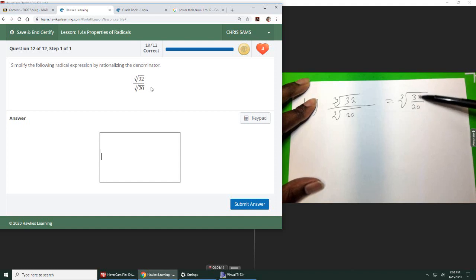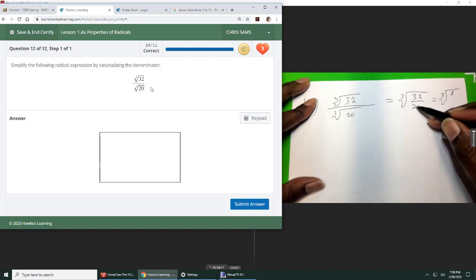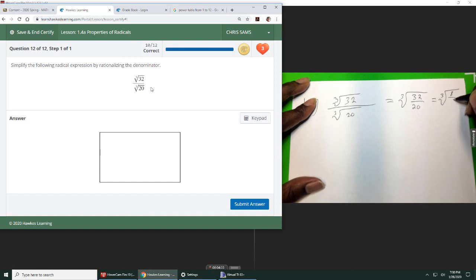Since this is a fraction, I'm going to try to reduce. Both of these numbers are divisible by 2. Matter of fact, they're both divisible by 4. That's the bigger number, so I'm going to divide both of these by 4. When I divide them by 4, I get the cube root of 32 divided by 4 is 8, and the cube root of 20 divided by 4 is 5.